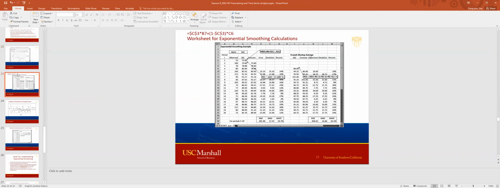Okay, so now open the worksheet for exponential smoothing calculations, and I'm showing you the formulas here, and we will repeat that. So let me share my screen.